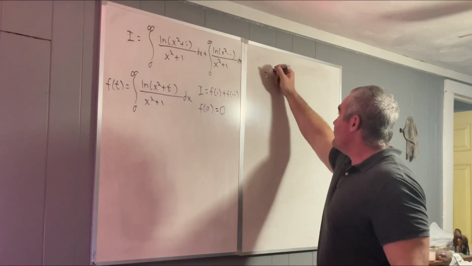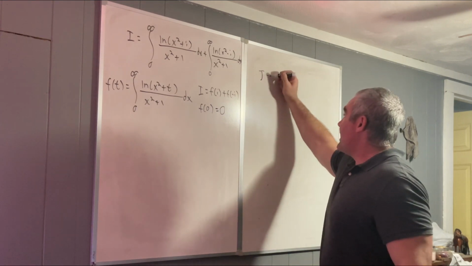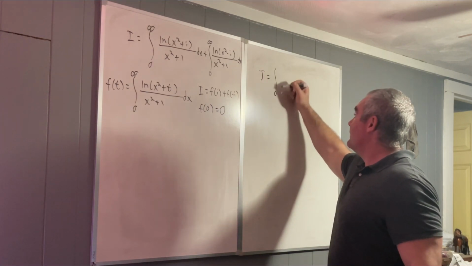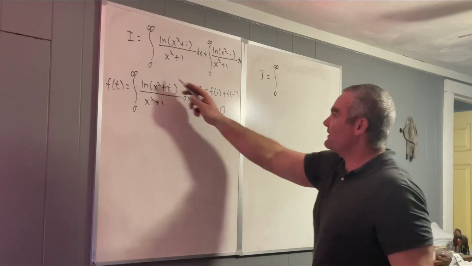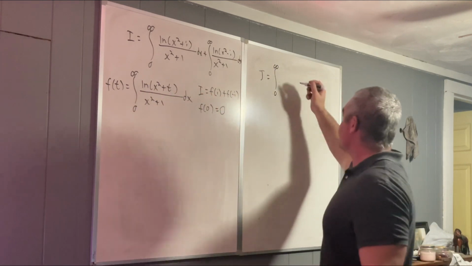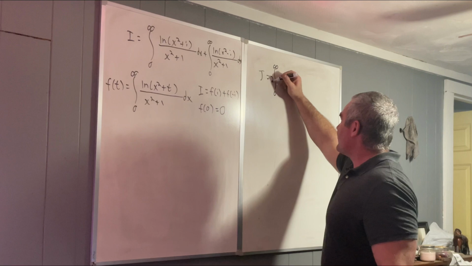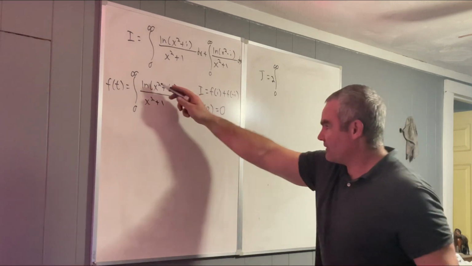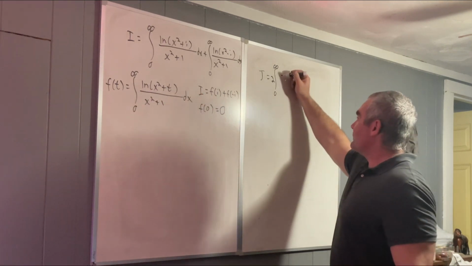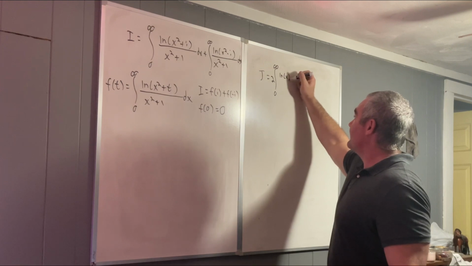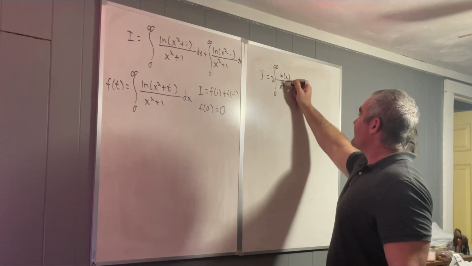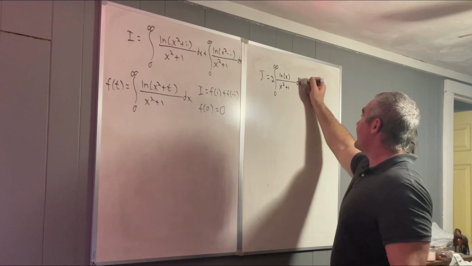Let's call a new integral J. It's equal to the integral from 0 to infinity of this thing evaluated at 0. So right away, I'll use the properties of logs to bring out that squared on the x, and we'll just call this 2 times the natural log x over x squared plus 1 dx.